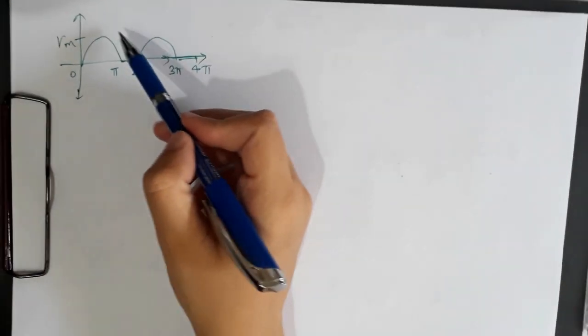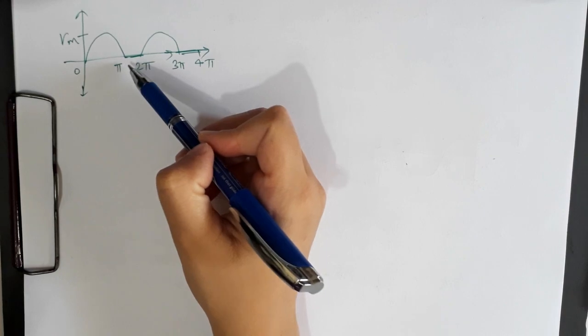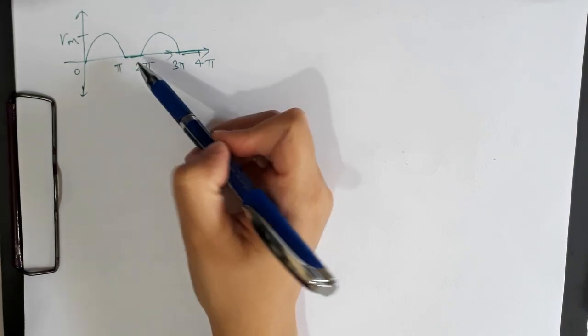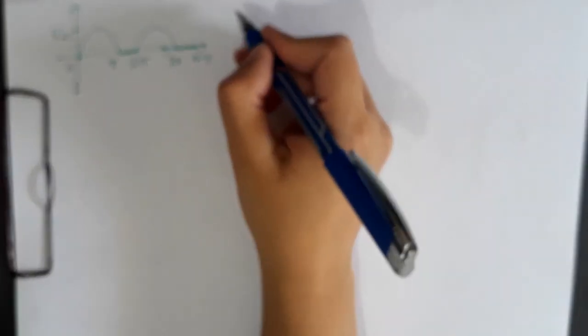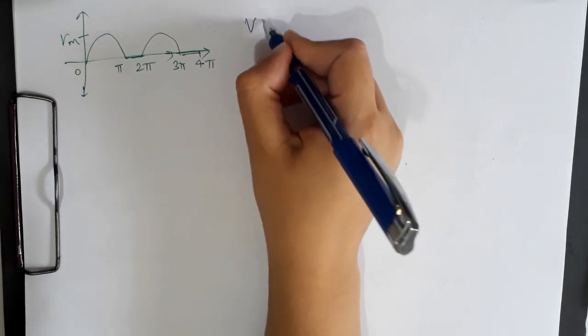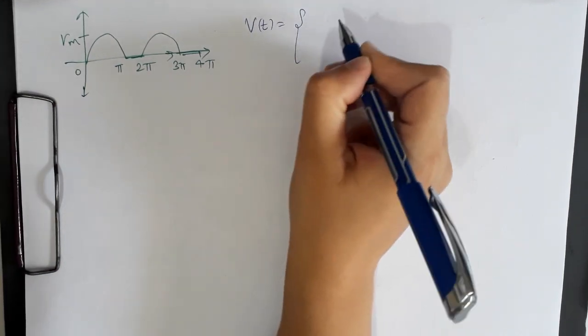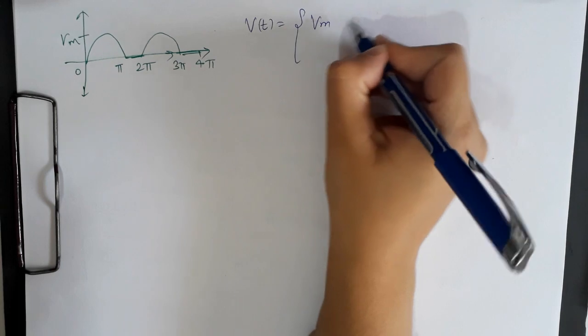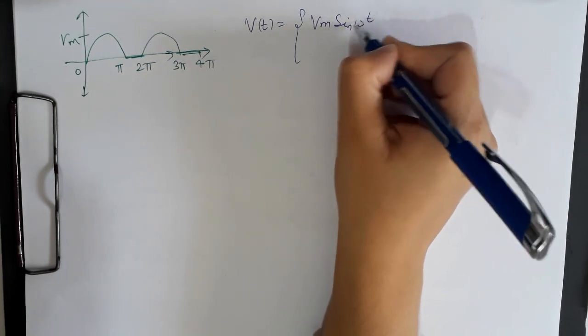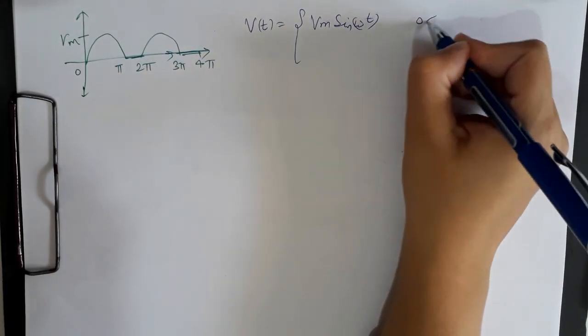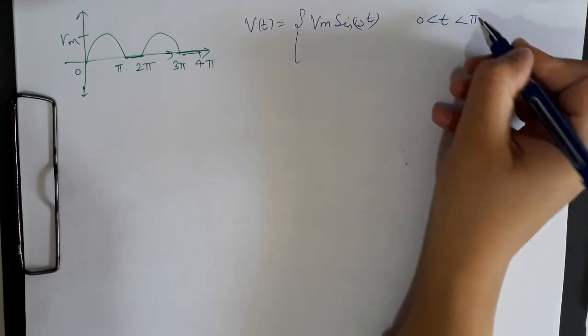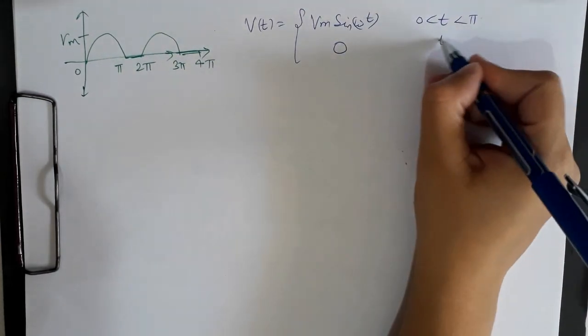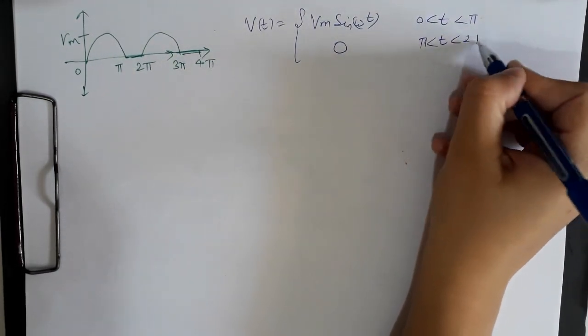First of all, this is a sinusoidal waveform from 0 to pi, and from pi to 2 pi its value is 0. So friends, here V of t is Vm sine of omega t from 0 to pi, and 0 from pi to 2 pi.